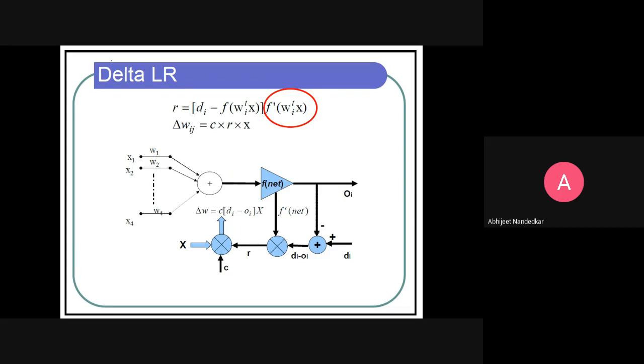We use our simple delta learning rule to train this multi-layer network. But when it comes to the hidden layers, we have to modify this delta learning rule a little bit, and then we can use it to train the complete network very easily.